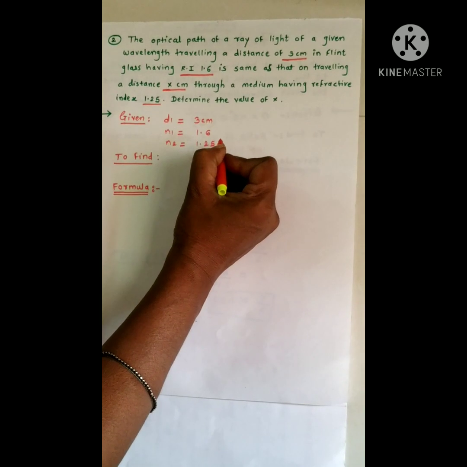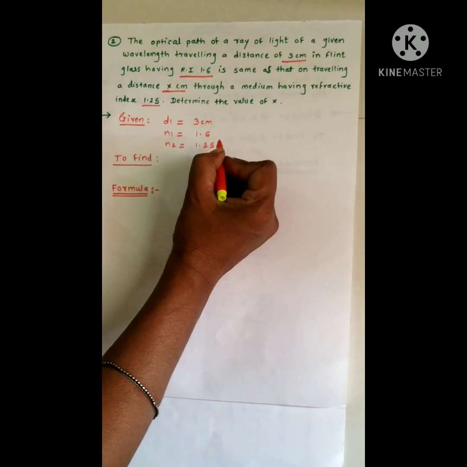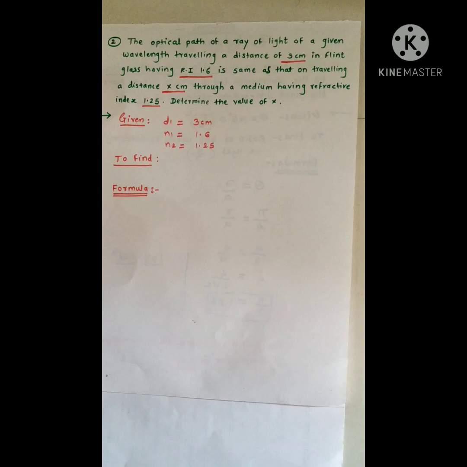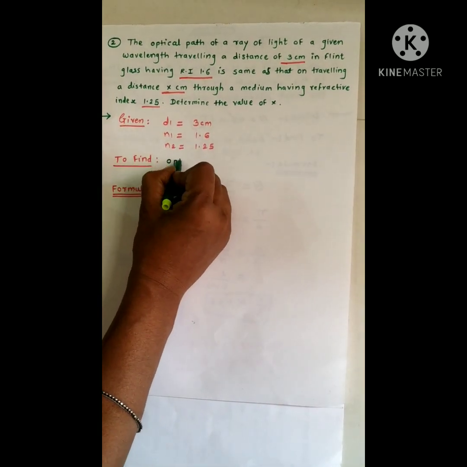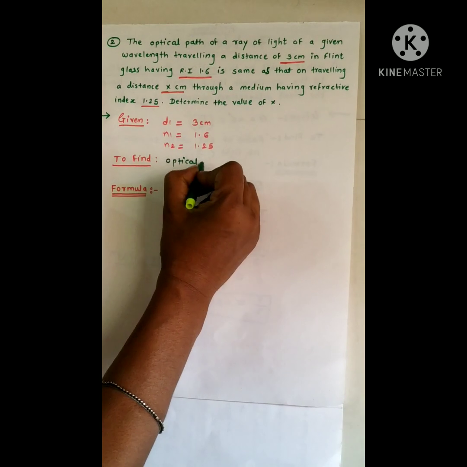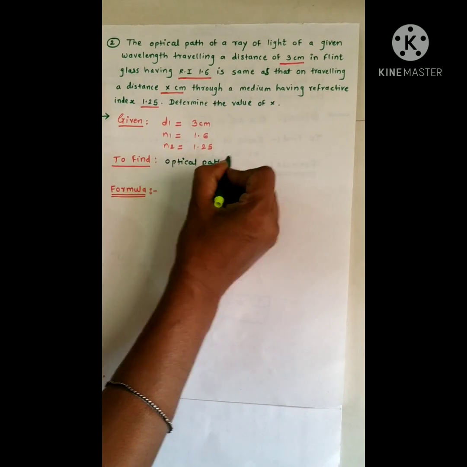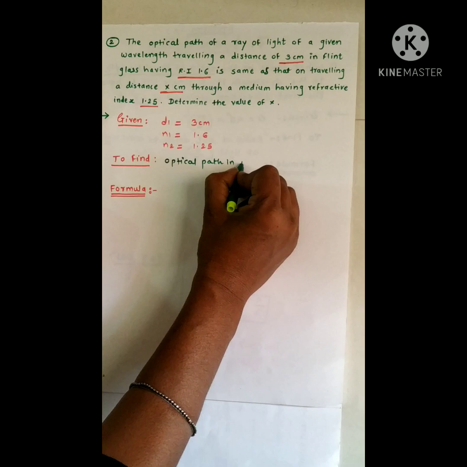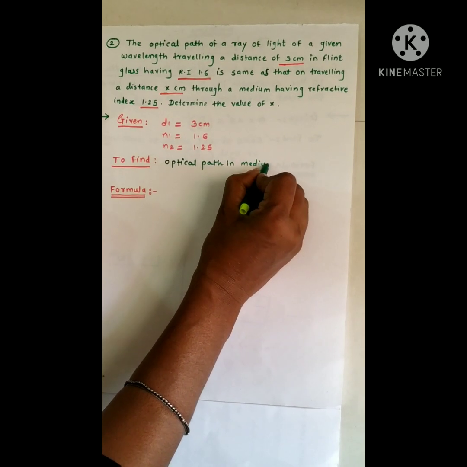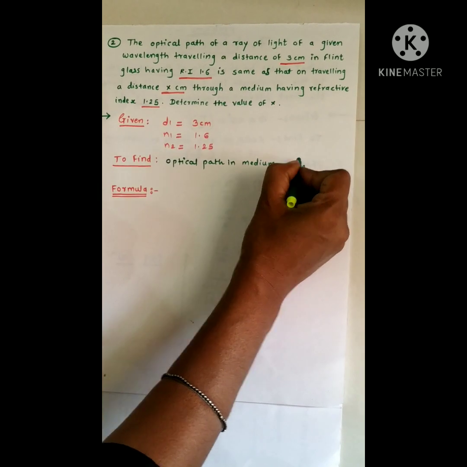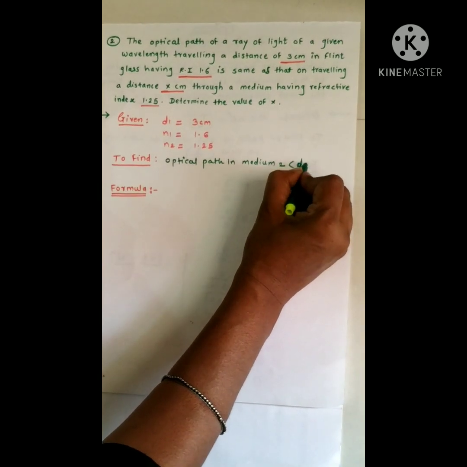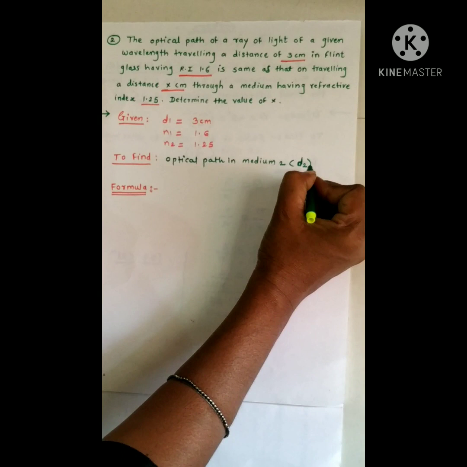Okay, now next we have to find the optical path in the second medium. We have to find d2.